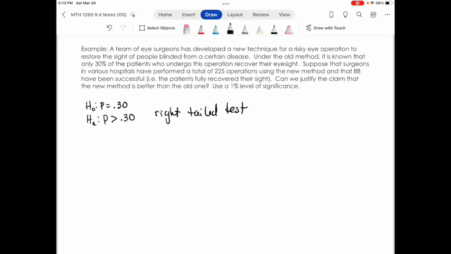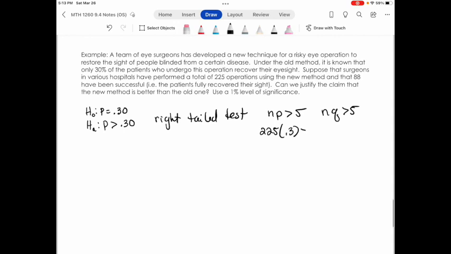And we're dealing with proportions here, so we want to check to see if our sample size is sufficiently large enough to be able to use the normal distribution here. So remember, we have to check n times p if that's greater than 5, and if n times q is greater than 5. So our sample size is 225. When we multiply it by our success rate, that's 0.3, we want to check to see if that's greater than 5.